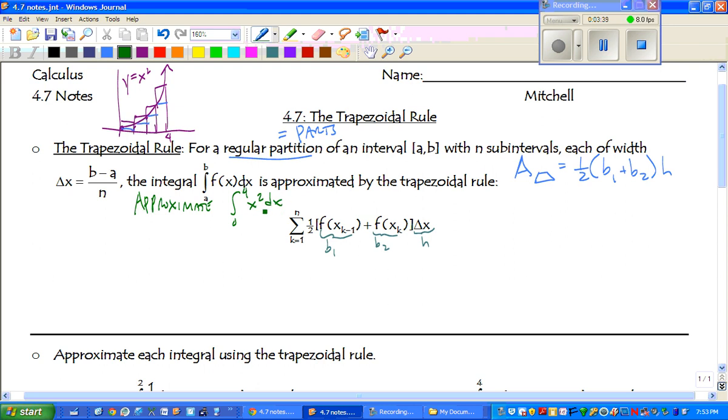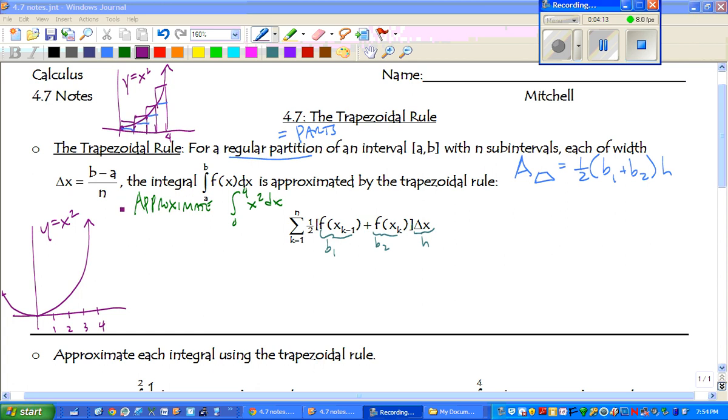Although we know how to do this now, we're just going to get a little practice approximating, because again, like I said, this is something that pops up on the AP test quite a bit. So let's look at the graph over here. We've got our parabola y equals x squared, and we're going from 0 to 4.